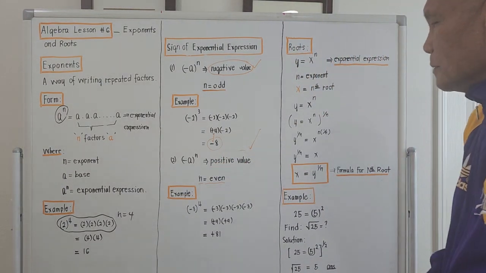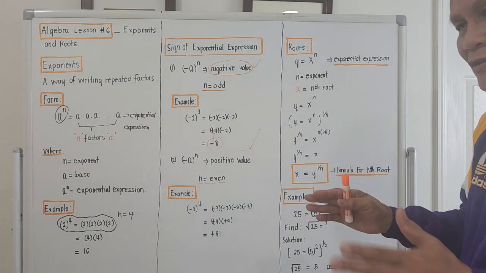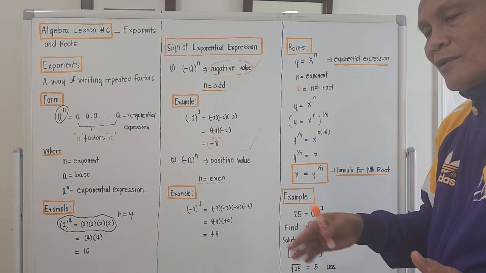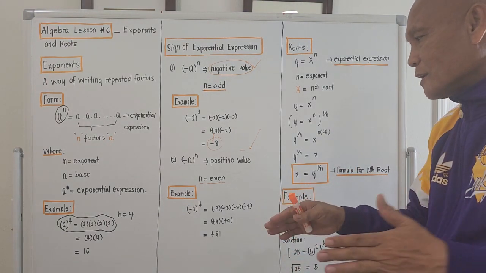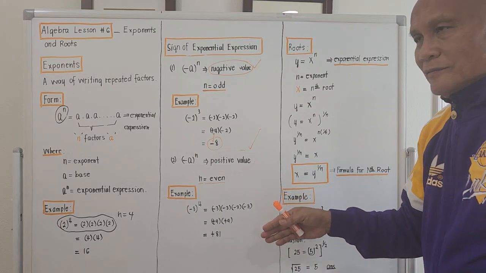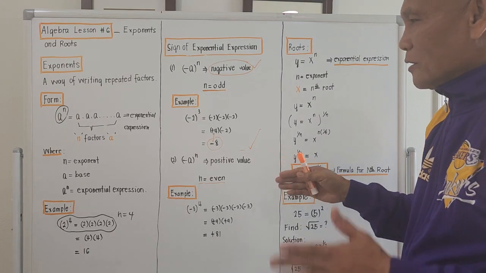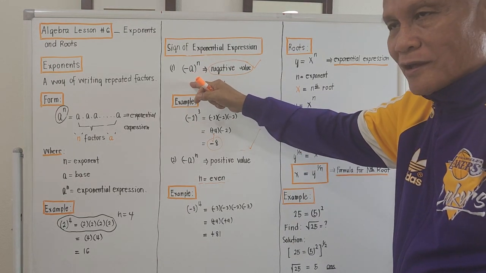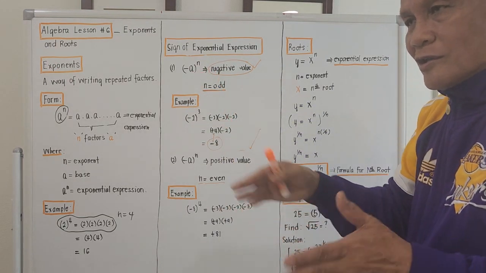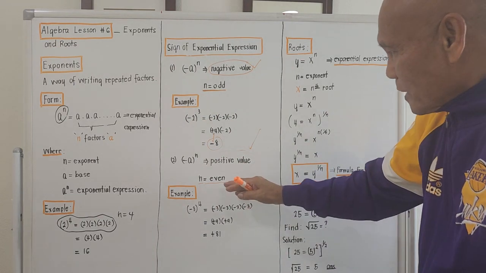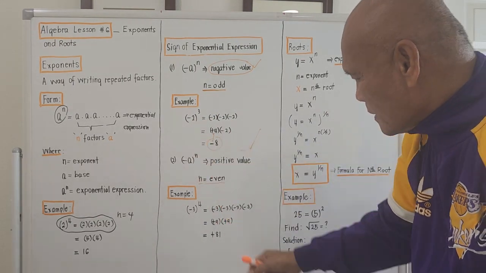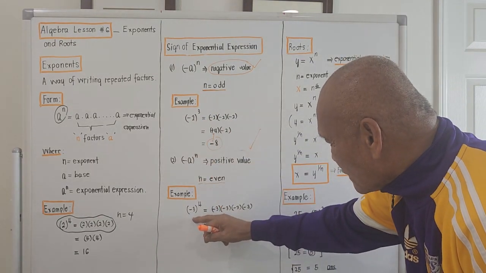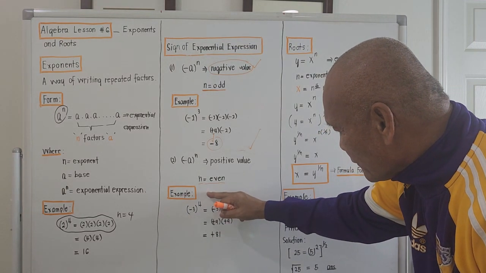Okay? I try to emphasize this one because later on in the simplifications of problems under algebra, there are problems wherein we neglect this negative sign when we are raising to a power. So an example of number 2 here will be a negative 3 raised to the 4th power.